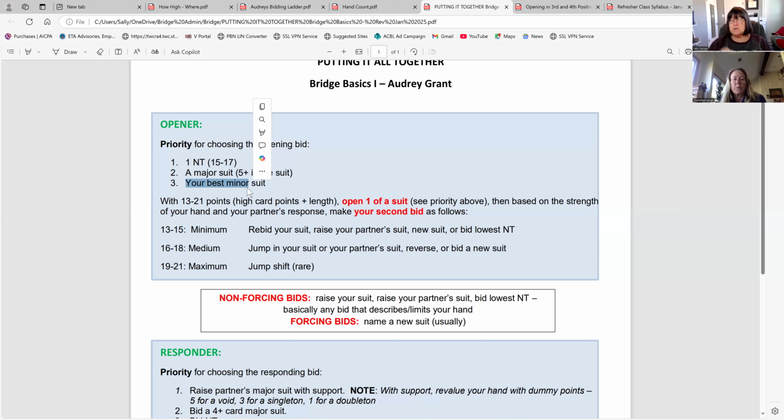If you play the system where you do have to have 4 diamonds to bid 1 diamond, then that means that if you don't have 4 diamonds, that would be a situation where you've got 4 hearts, 4 spades, 3 diamonds, and 2 clubs. Your system says, well, I can't bid a major, I don't have 5, and I can't bid diamonds because I don't have 4. The thing left for me to bid is 1 club. The people that play that way have to make the announcement.